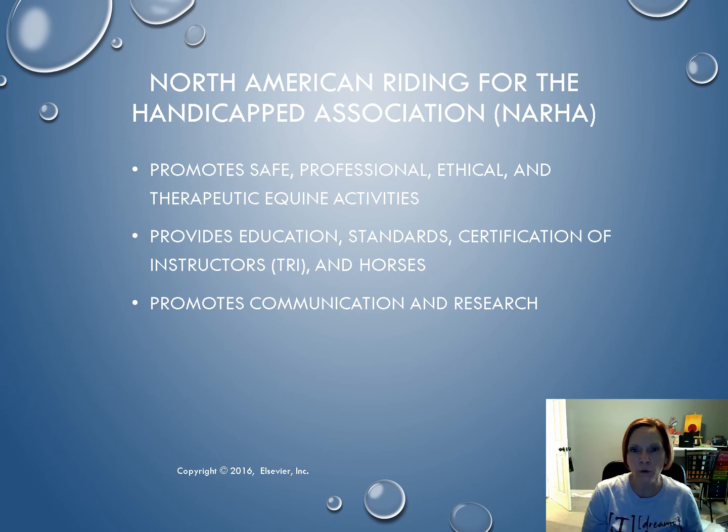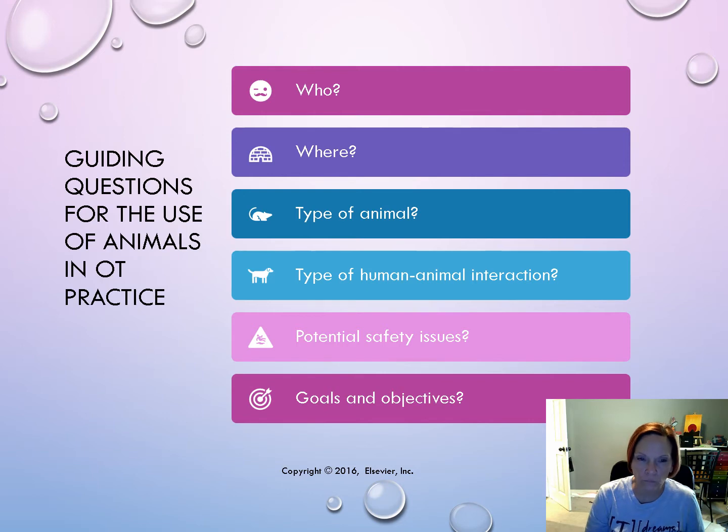There's the North American Riding for the Handicapped Association. It promotes safe, professional, ethical, and therapeutic equine activities, provides education standards, certification of instructors and horses, and it promotes communication and research. So guiding questions for the use of animals in OT practice.